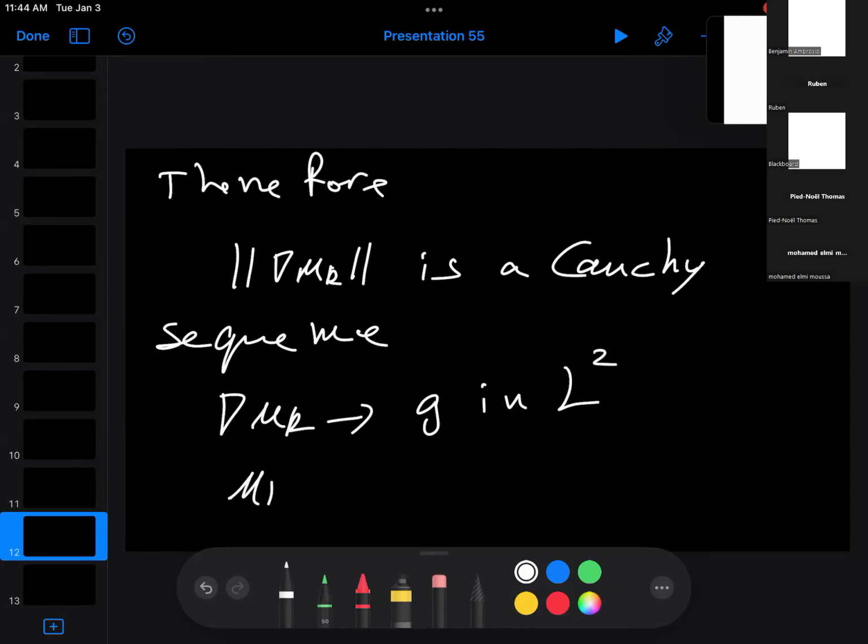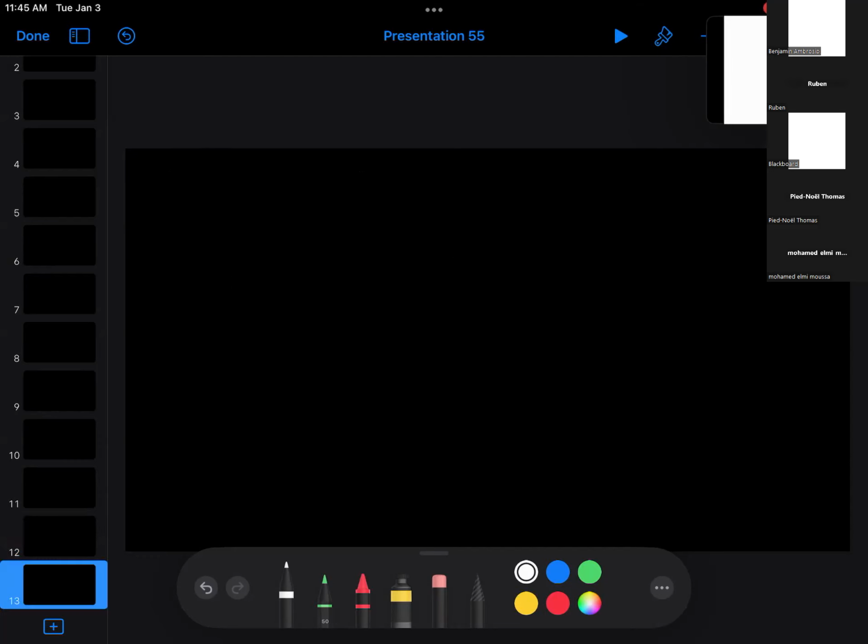But since UK converges to phi 1, this is a classical thing with distributions. You don't have a choice. It means that, in fact, grad UK converges to grad of phi 1. But finally, what do we have? We have that lambda 1 is equal to this quantity. And you have also that with phi 1 equals 1.